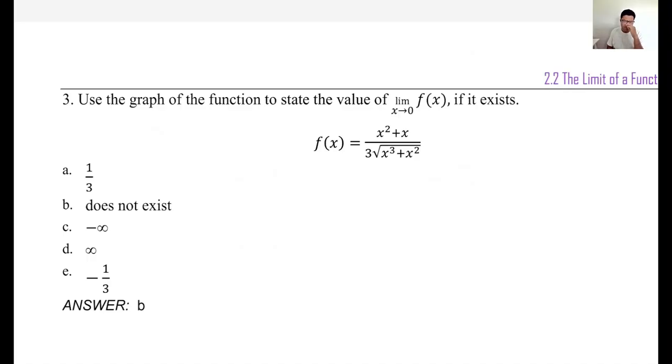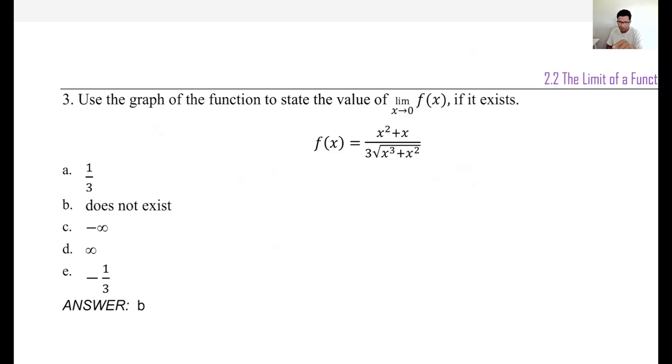Here is a function which is a quotient function, not a rational function. The denominator is not a polynomial, so we have to call it a quotient function. And what would be the values when x approaches 0? Interestingly, the function is not defined at 0, right?